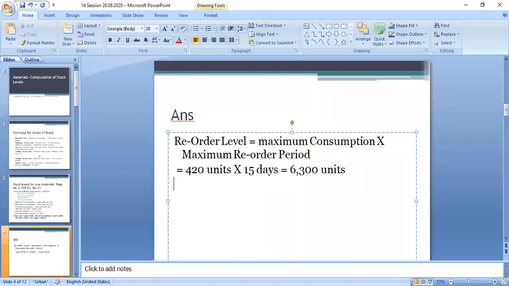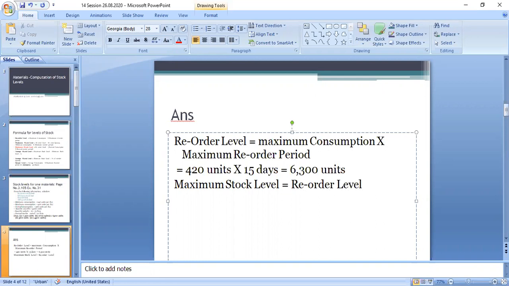So why? Because in the question they are giving the maximum stock level, you have to calculate reorder level first. After calculating the reorder level only, you can go for the calculation of the maximum stock level. Now we can write maximum stock level. For the maximum stock level, what is the formula? You have to take the previous answer, reorder level.